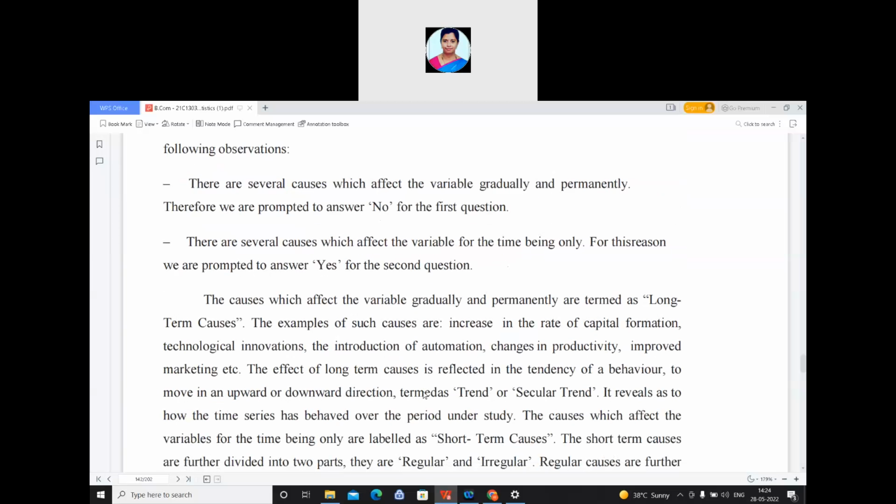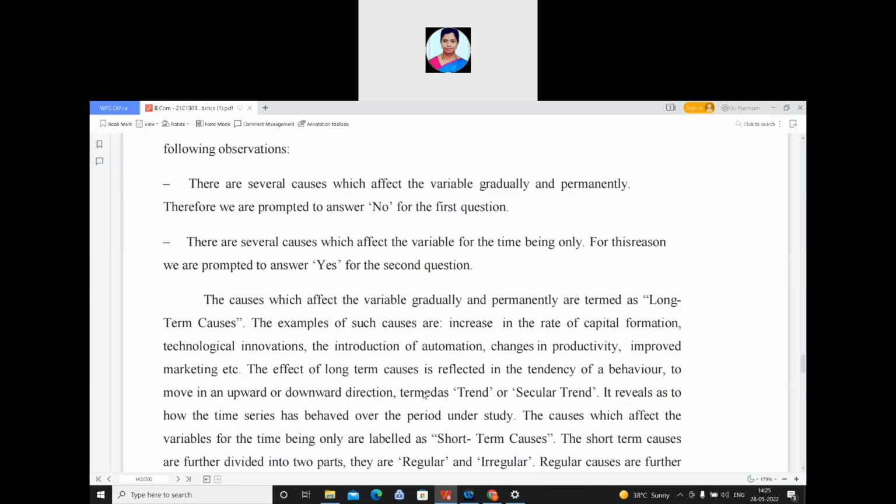The examples for such causes are increase in the rate of capital formation, technological innovations, the introduction of automation, changes in productivity, improved marketing, etc. The effect of long-term causes is reflected in the tendency of a behavior to move in upward and downward direction, termed as trend or secular trend.